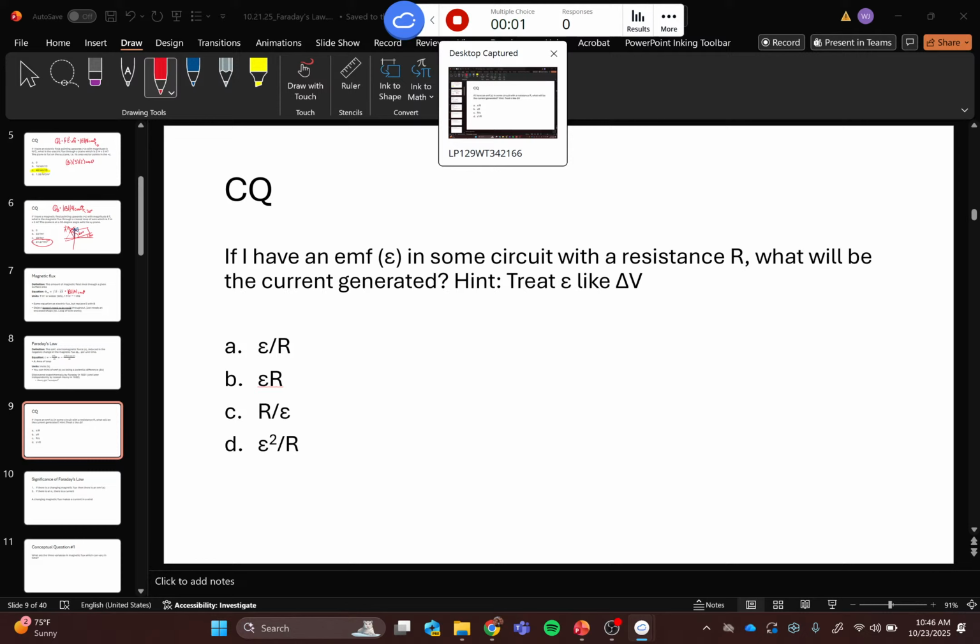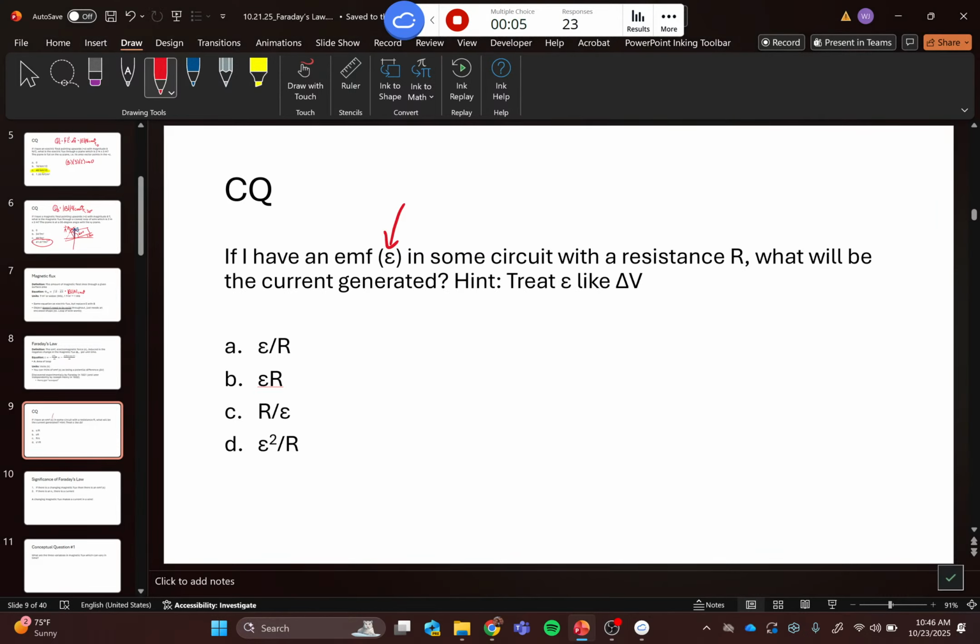Is it the EMF? Oh, and this is epsilon. This little symbol here is epsilon. It's a backwards 3. That's small. Another Greek letter.